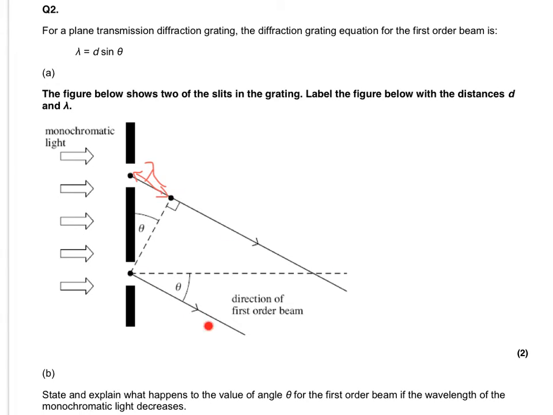Other than that, it's the same. This is the extra bit, so that must be the path difference. And d is your distance between your slits. We can double check using some trig: d sine theta is indeed equal to lambda for this right angled triangle we've made here, so we know we've done it correctly.